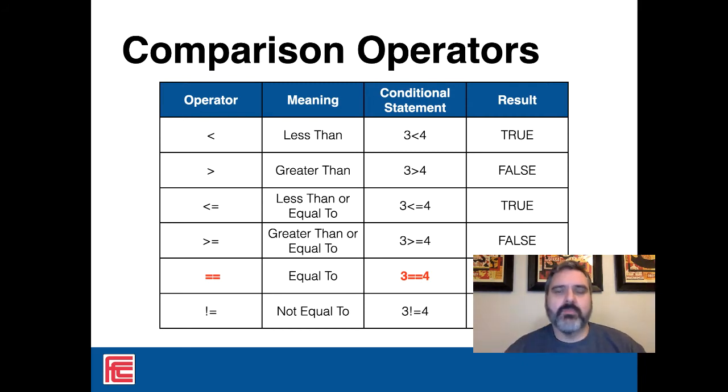It's the exclamation point. But that generally has the meaning of not in computer programming. And so bang equals just means not equal to. So, 3 not equal to 3 would have the value of false because 3 and 3 actually are equal. And so long as the two values are not equal, that will return true.